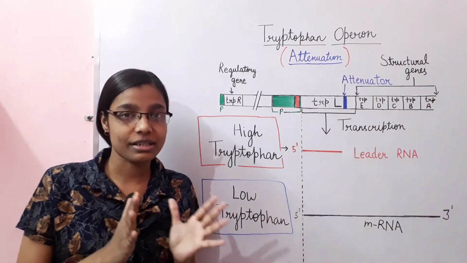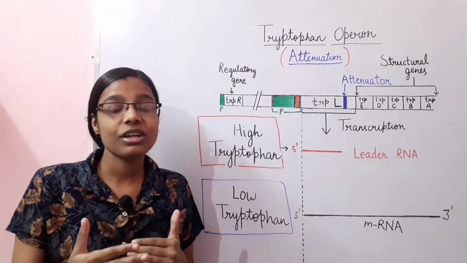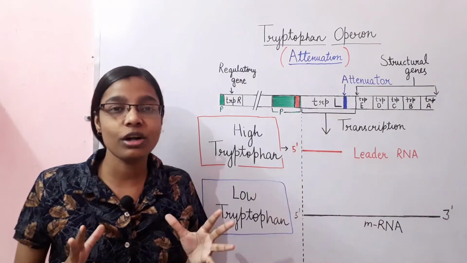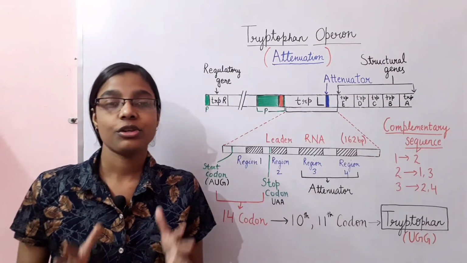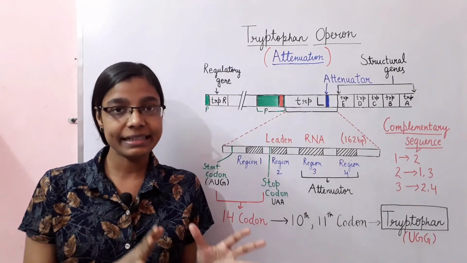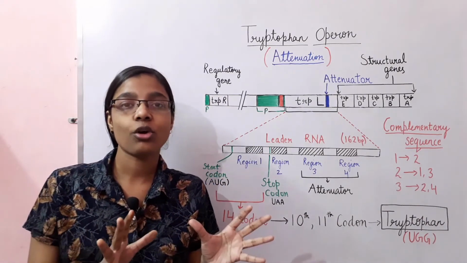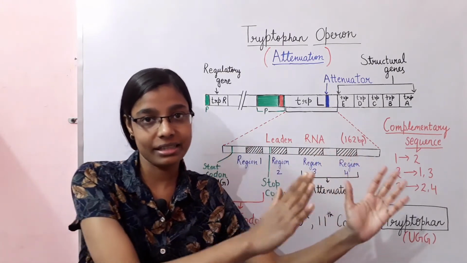We are going to discuss that, and that is basically attenuation, due to which the process of transcription gets interrupted near the TRPL region. Now we are going to discuss the TRPL region in detail, but you have to clearly focus on the fact that in this case transcription and translation are going on at the same time.